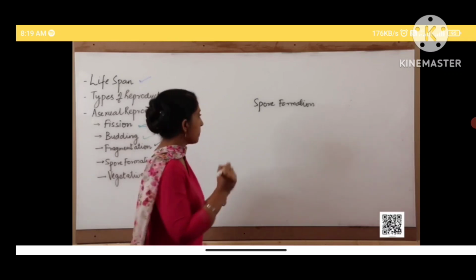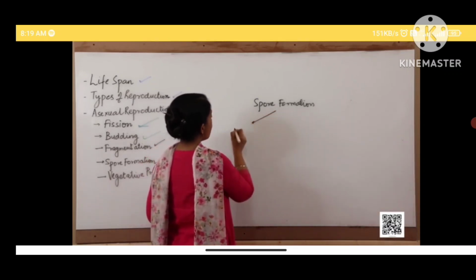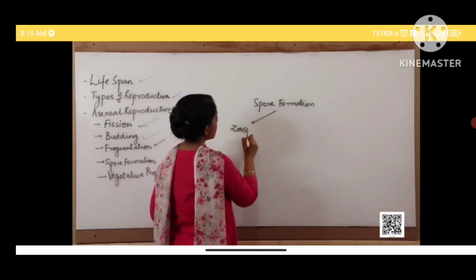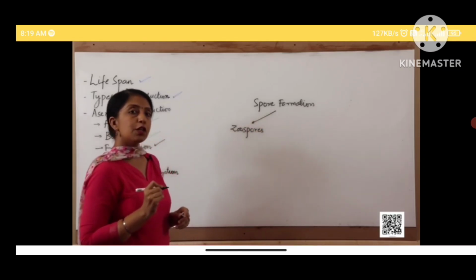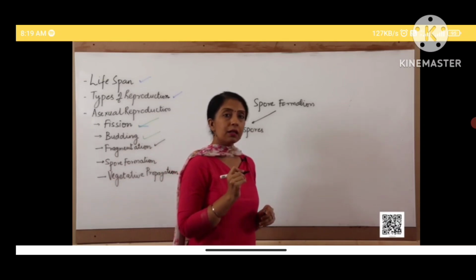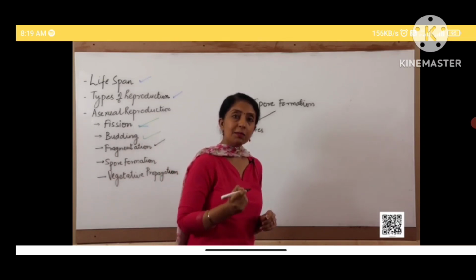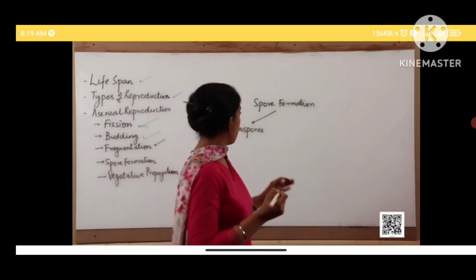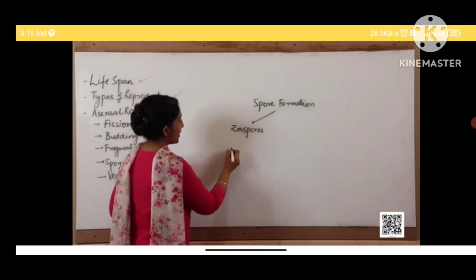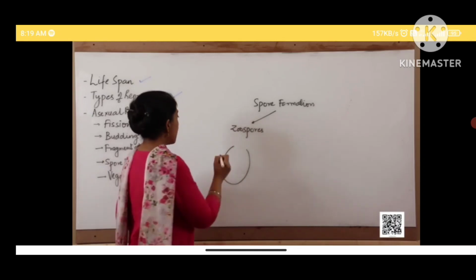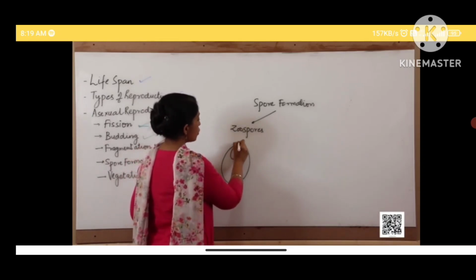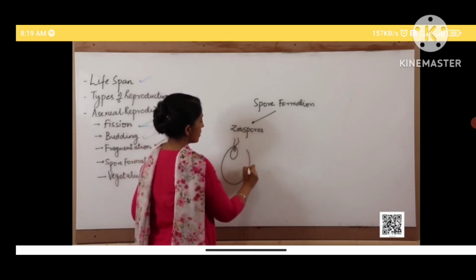So, one type of spores are the zoospores. The zoospores are the motile spores which are formed in aquatic individuals. The organisms that live in water form the zoospores. One example is the Chlamydomonas. Chlamydomonas forms zoospores in specialized structures called the zoosporangium.